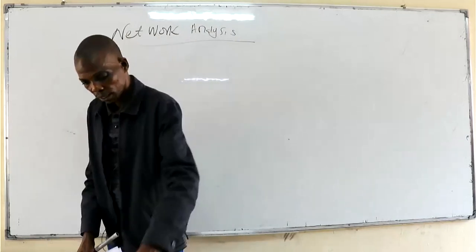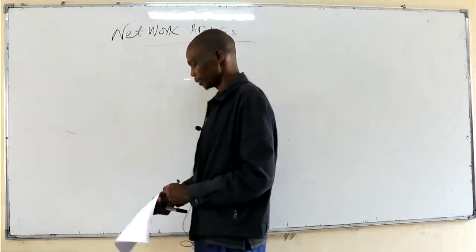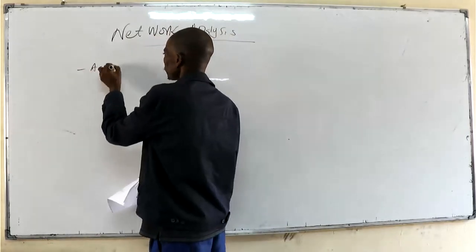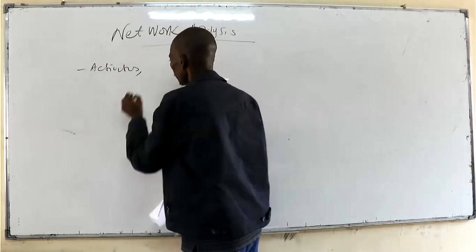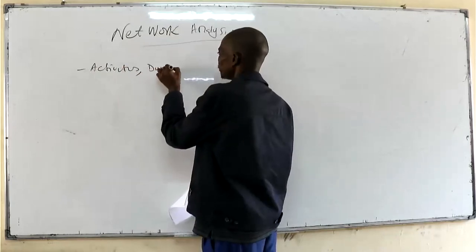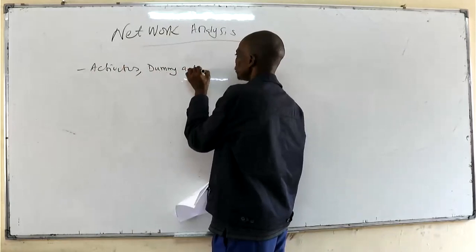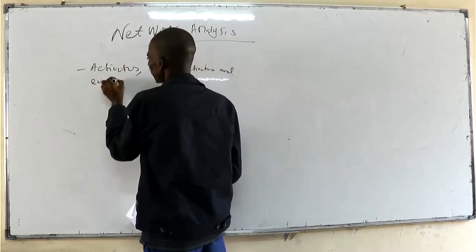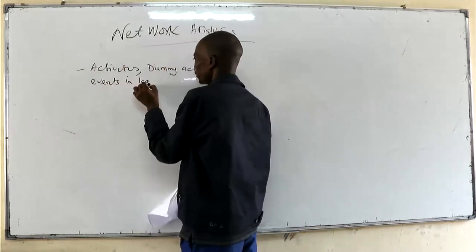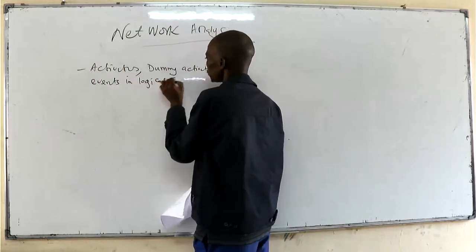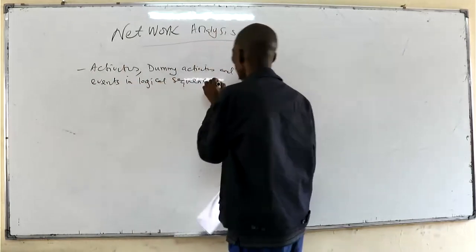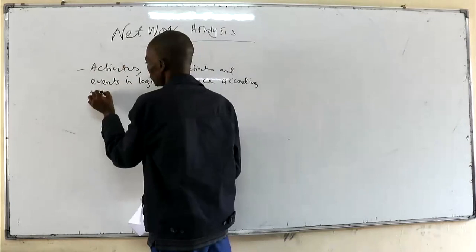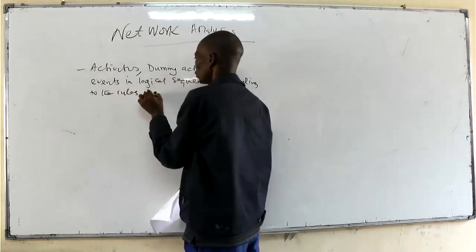And network is just a combination of activities, dummy activities, and events, in logical sequence, according to the rules of drawing network.